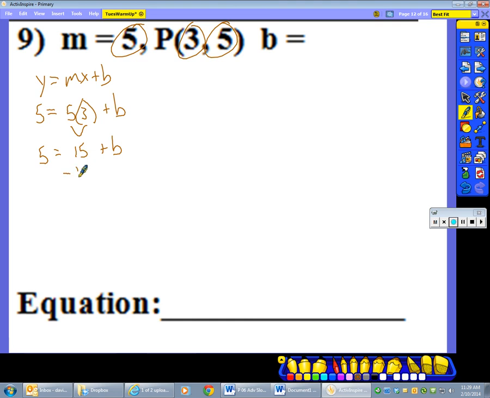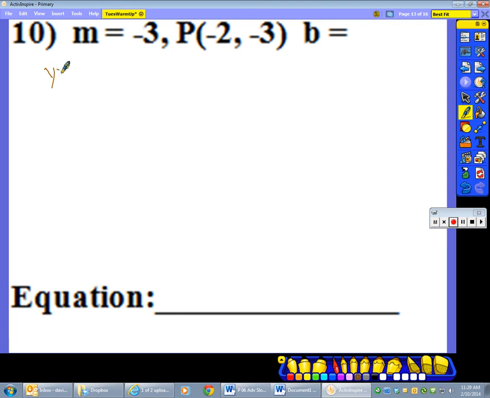The inverse of a positive 15 is negative 15, so I'm going to subtract 15 from both sides. So a negative 15 and a positive 5, that's going to be a negative 10. And so b equals negative 10. Y equals positive 5x, because that's my slope, minus 10 is my y-intercept.